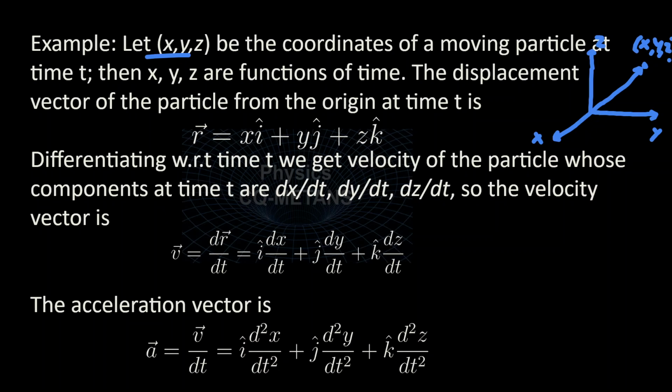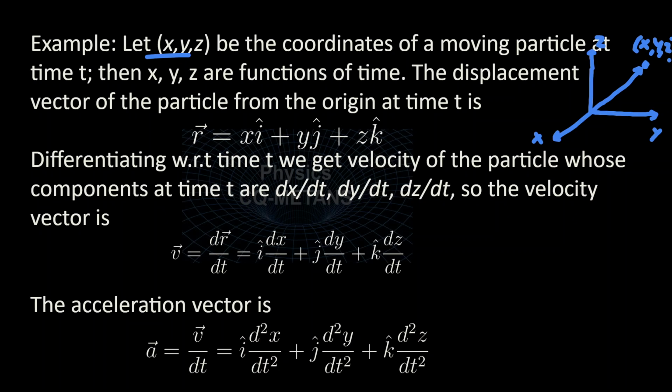Say this is the particle which is moving with time. So the coordinates of this particle change with respect to time. So this x, y, z are time dependent. So they are functions of time.